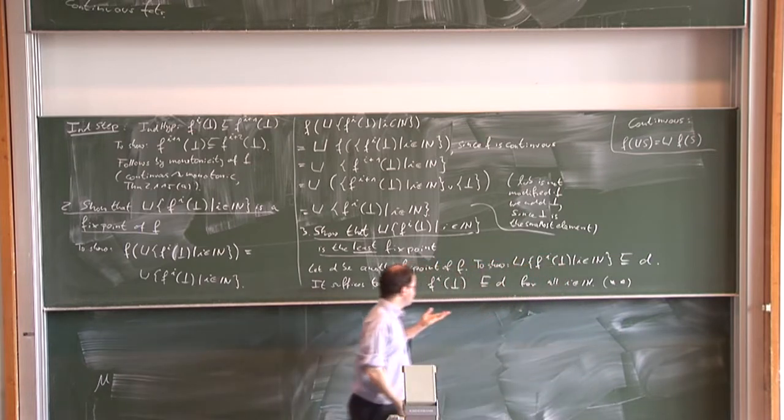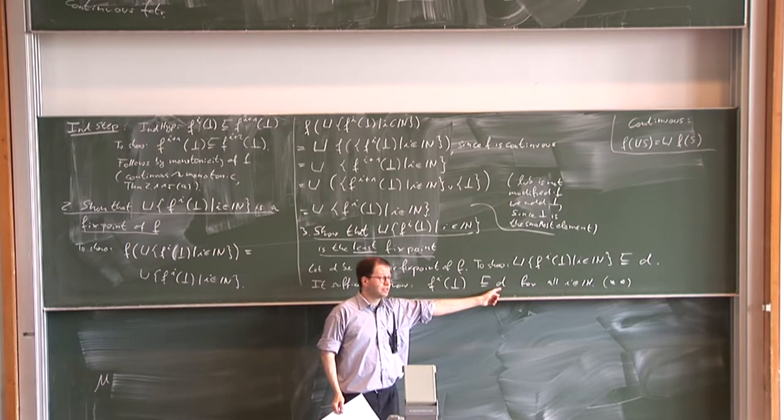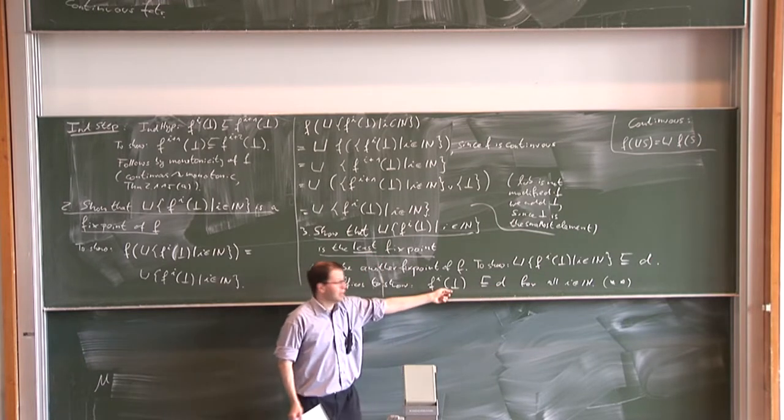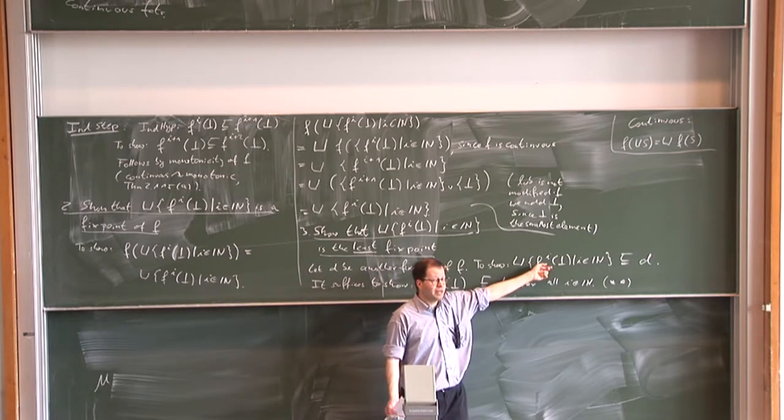Now, why is this sufficient? If this is true, then D is an upper bound. D is bigger than every element in the set. But if D is an upper bound of the set, then the least upper bound must be smaller than any other upper bound.